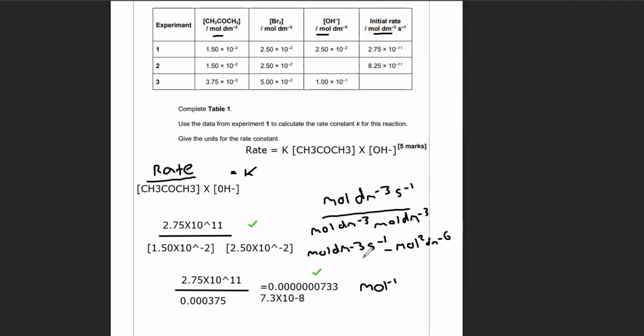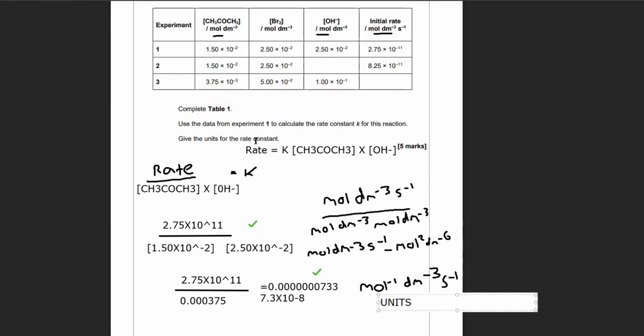So I'm basically going to go minus 3 minus minus 6, and of course, that's going to make a plus. So I'm technically adding 3 to minus 6. So what I'm going to get is dm to the minus 3. And then s to the minus 1, well, s to the minus 1 minus nothing. We're not taking anything away from it. So it's just mole to the minus 1, dm to the minus 3, s to the minus 1. And they are your units.